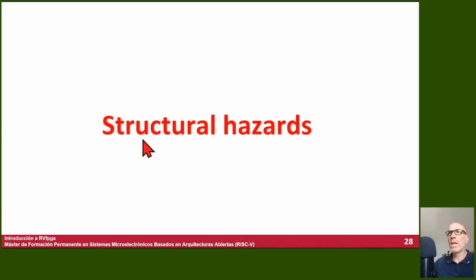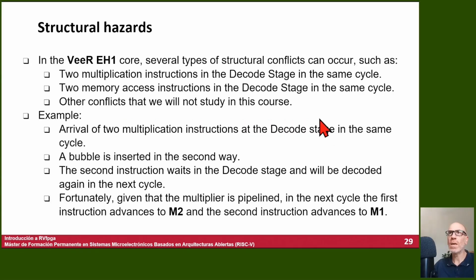First, let's analyze structural hazards. A structural hazard occurs when 2 instructions try to access the same resource. In EH1, various situations like this can arise. For instance, when 2 multiplications reach the decode stage in the same cycle, since we only have 1 multiplier, only one can proceed while the other must wait.